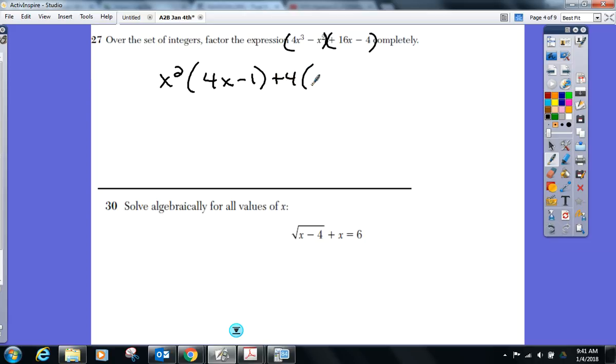And left with? What? Hold on a second. An x minus 1? 4 from 16. Did you say 4x? Oh, yeah, it is. 4x. Everyone good? You know grouping's going well when you get the same factor inside the parenthesis.